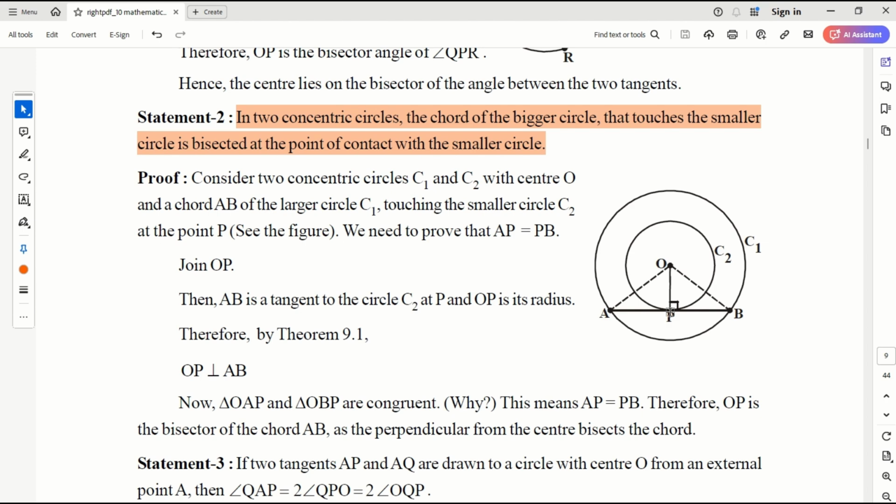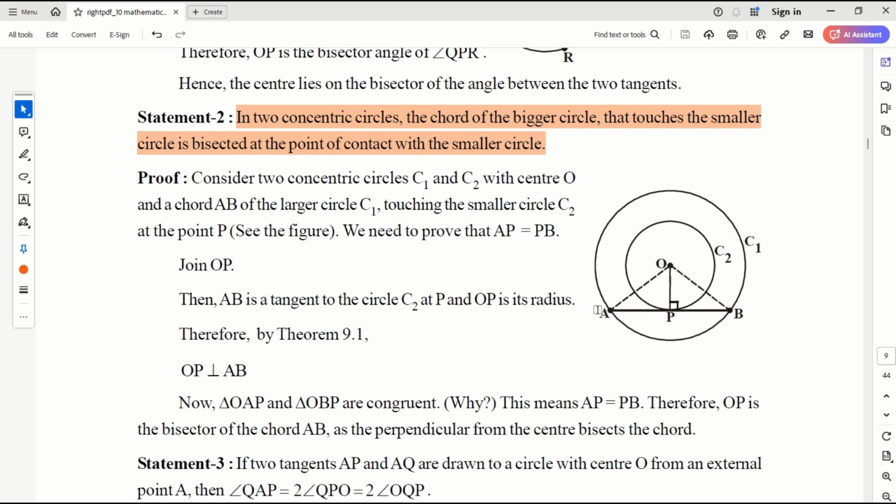Now again we can easily prove it from congruency. OP is a common side for both the triangles OPA and OPB. And this is an isosceles triangle, OA equal to OB, correct? So the angle at A and the angle at B are same.